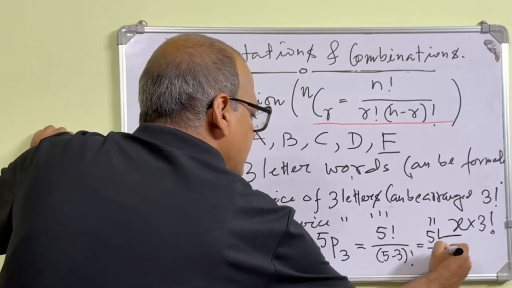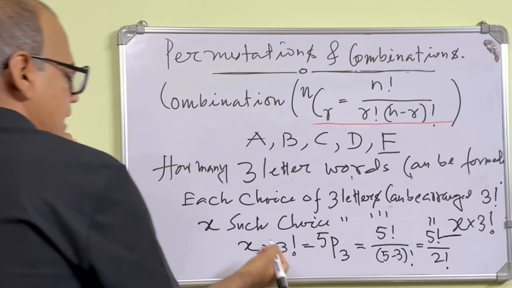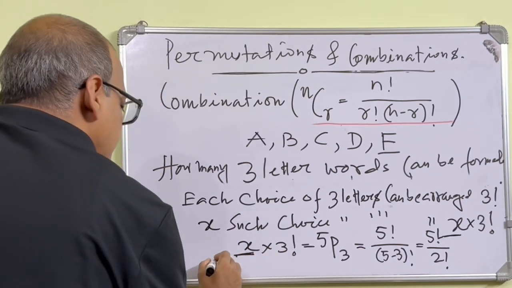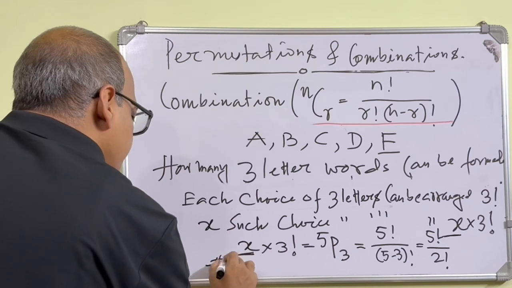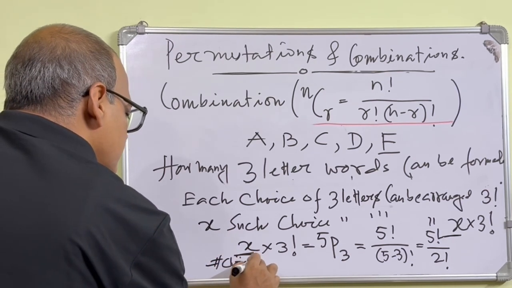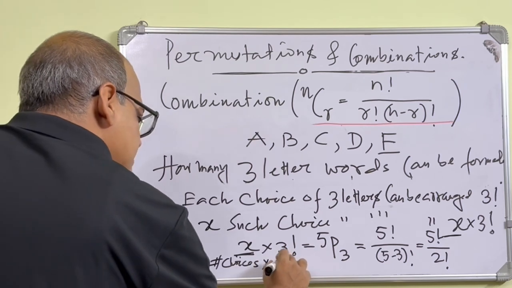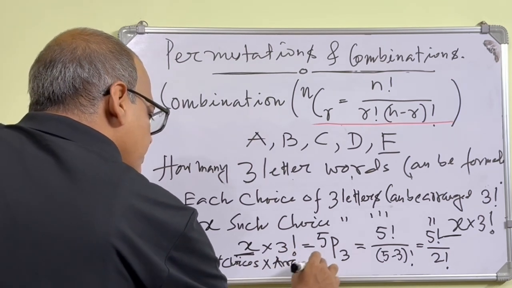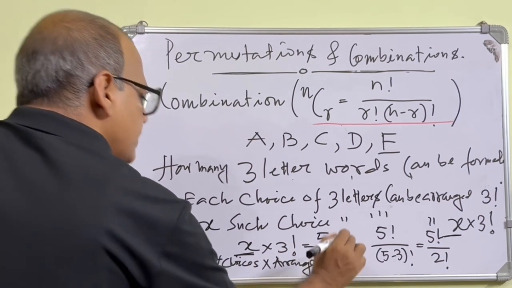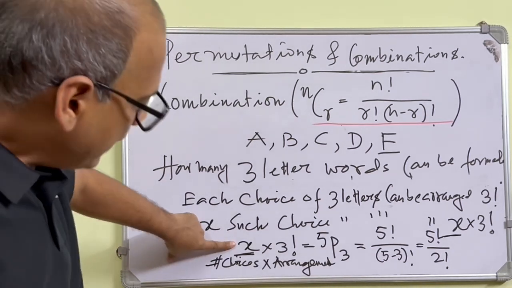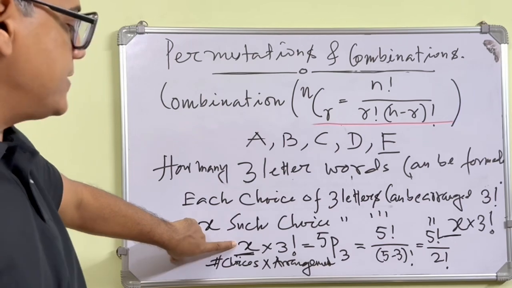5 factorial by 2 factorial, and this is the number of choices times arrangement. Now, what we have to do is find the number of choices.